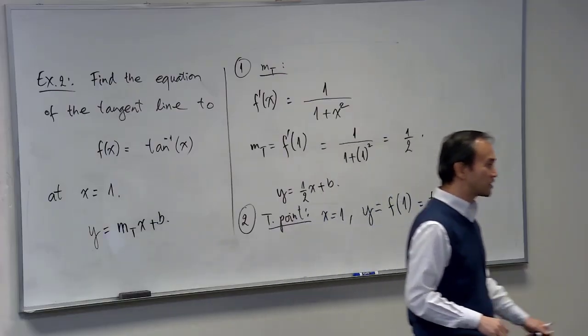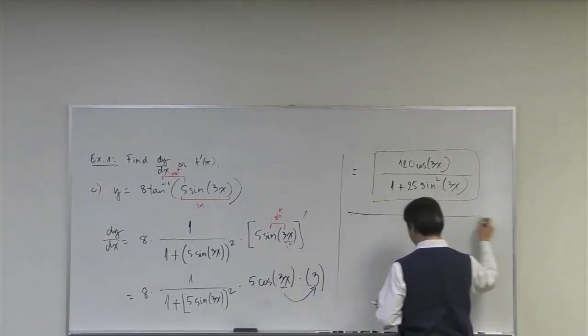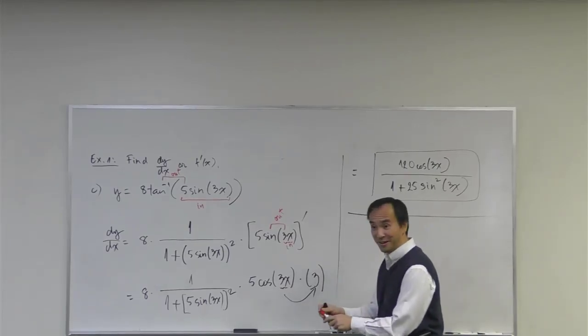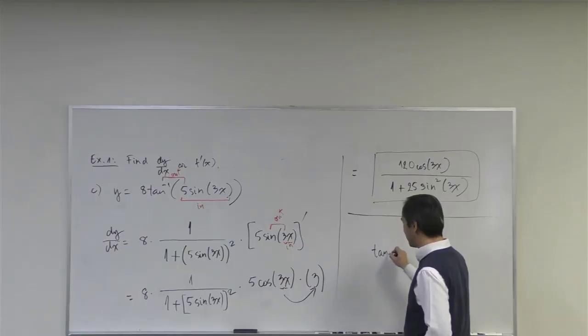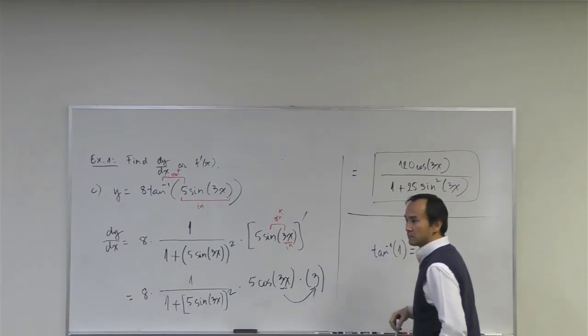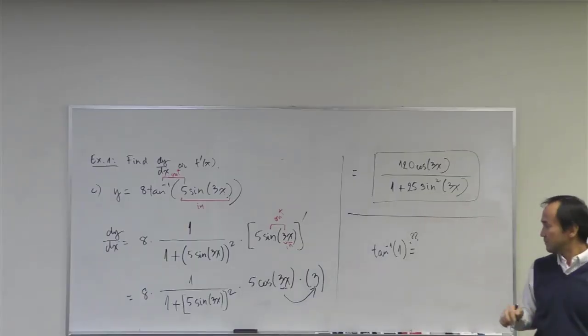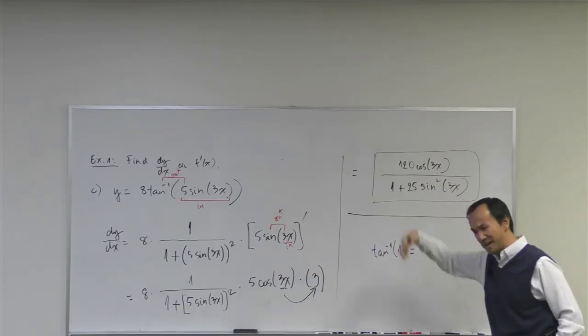Let me branch out on scratch work and ask you guys one quick question. Try to do this without your calculator. This should have been stuff from pre-calc 2, but I want to give you a little bit of review. How do you calculate tangent inverse of 1 without a calculator? Whatever that answer is, we call that some angle x or theta, whatever you want to name it.